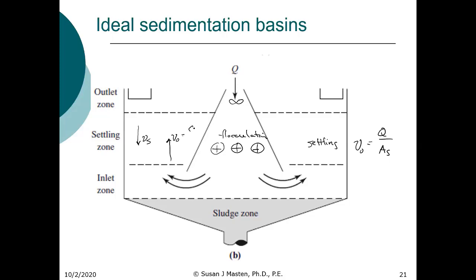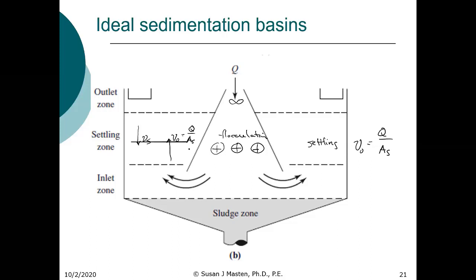So this is equal to Q over A sub S. Your surface area is actually increasing as the water flows, as you move upward in the basin. Okay. So V sub 0 actually decreases as you move upward.